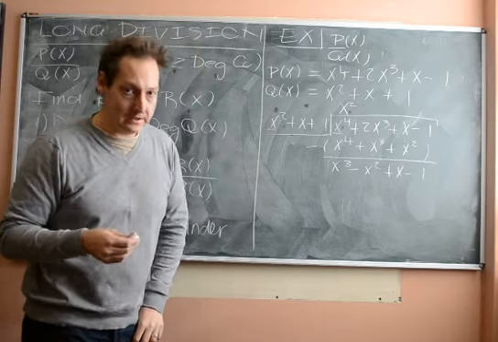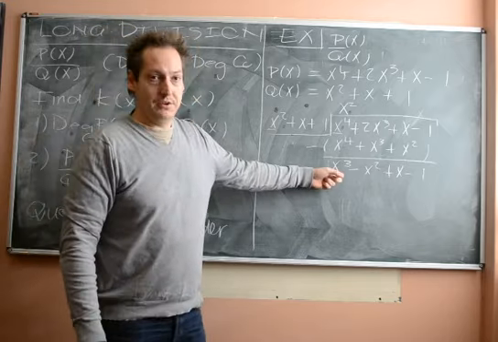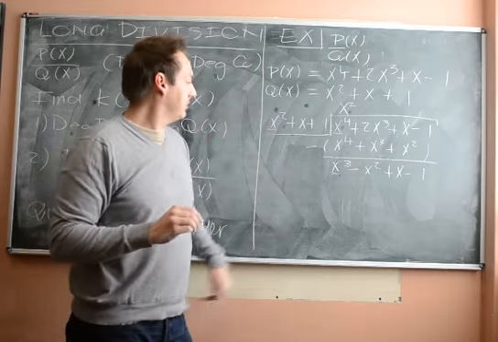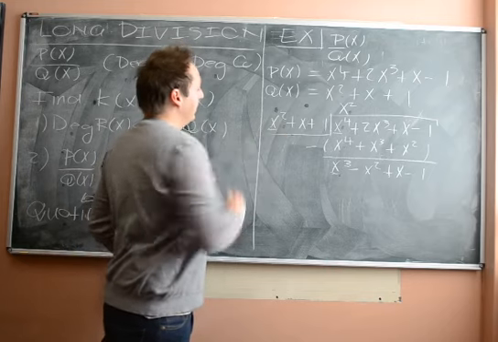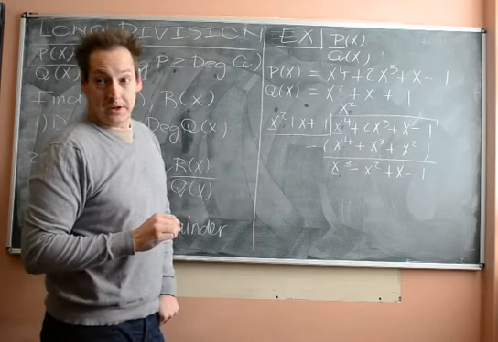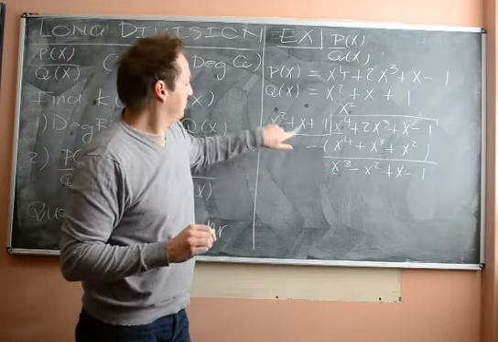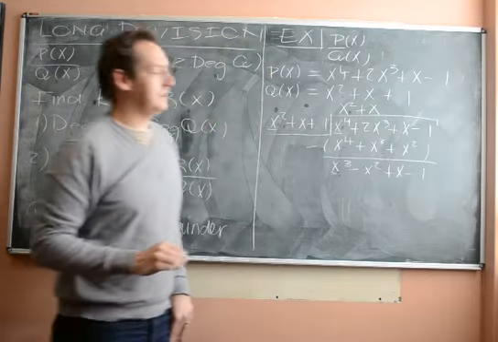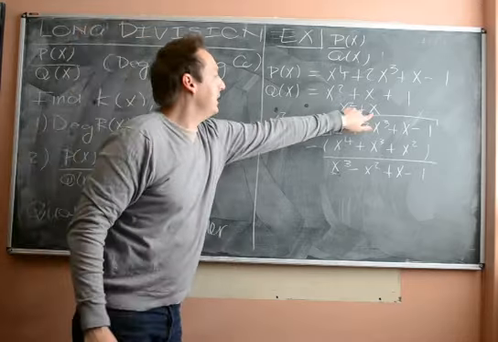So we do this again, using this polynomial. We take the leading term here, x cubed, and divide it by the leading term in q, x squared. So it's going to be x cubed over x squared. It's going to give us x, so we add it there, and we multiply in again.